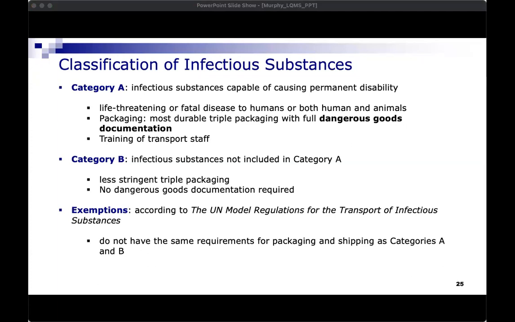These are samples that have minimal likelihood that pathogens are present, and they don't have the same packaging requirements as categories A and B. So again, just something to be aware of, and make sure you're following all necessary guidelines for your specific lab and regulations as they apply to your circumstance.